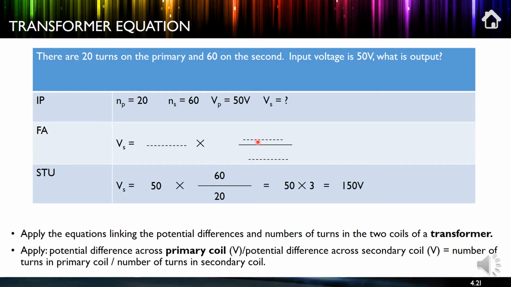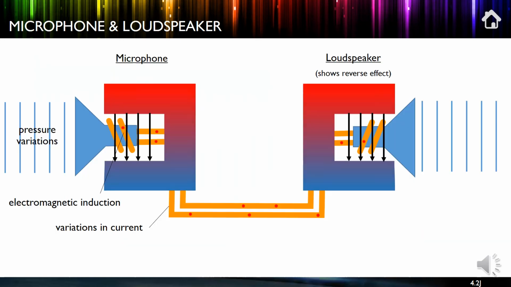So we have some number times a fraction, and depending on whether it's a step up transformer, it's going to be a vulgar fraction, so a higher number of turns here, lower number of turns here, as it is in this case, and if it's a step down transformer, it will be reversed. So if you're after a voltage, this is always going to have a voltage here. All you need to decide is whether this is step up or step down, and that will tell me how I put my number of turns, whether I put the 60 on top or the 20 on top.